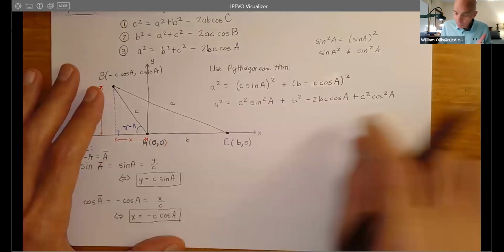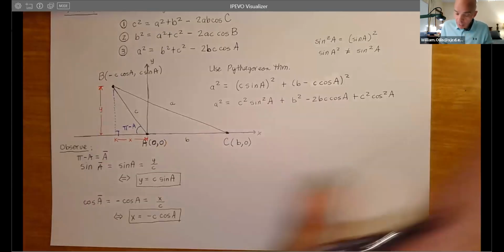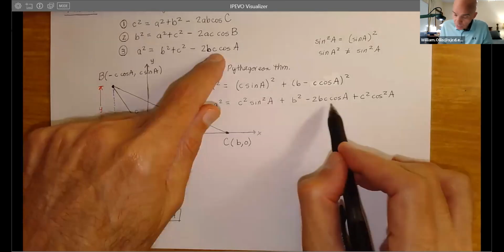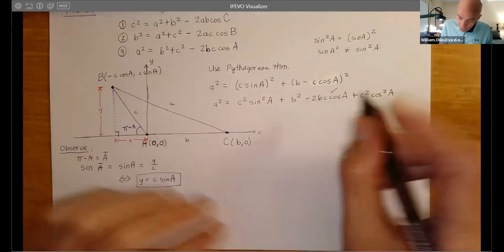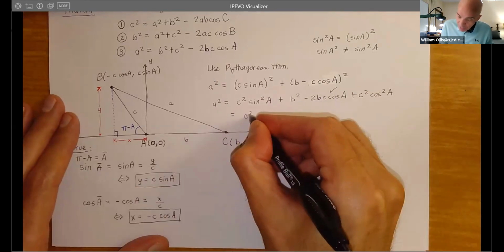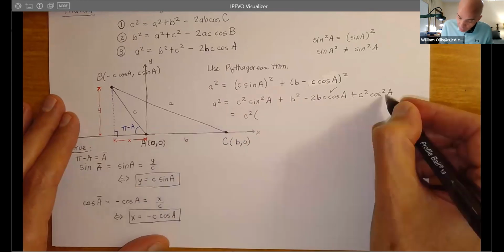And now you're thinking all of it's good. Notice this term right here, so that's a check. This is c squared, and we've got a sine squared and a cosine squared.